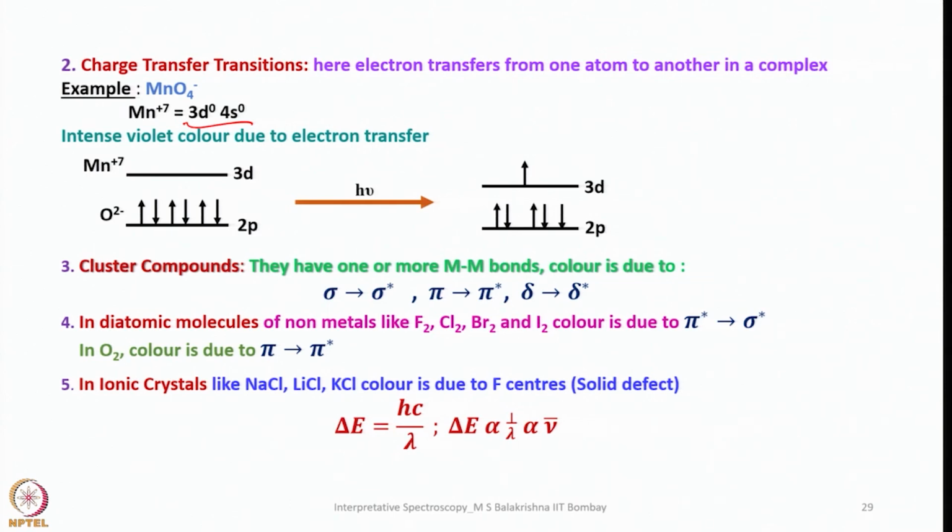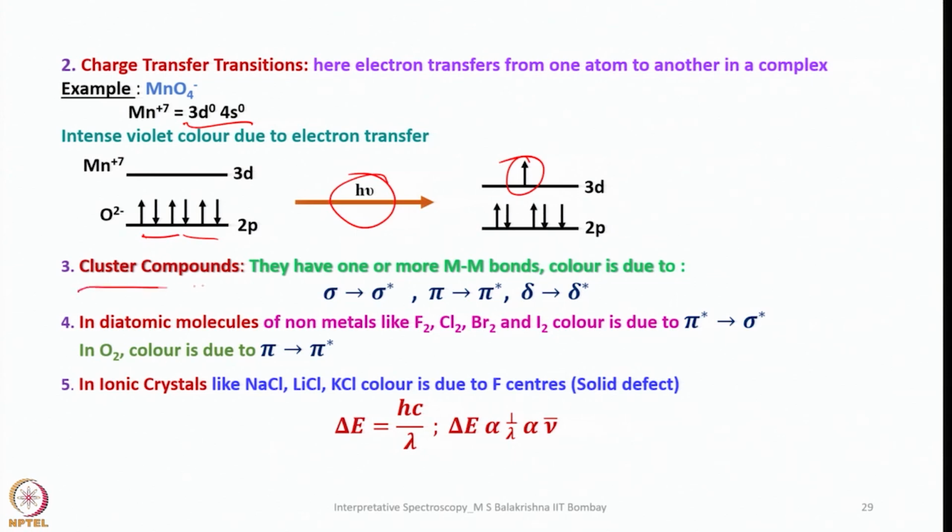That means, due to charge transfer, without any hesitation you can tell that this is a ligand to metal charge transfer transition. For example, we have oxygen, and on subjecting to UV or visible light, an electron is promoted from 2p to 3d. This is a typical ligand to metal charge transfer transition.